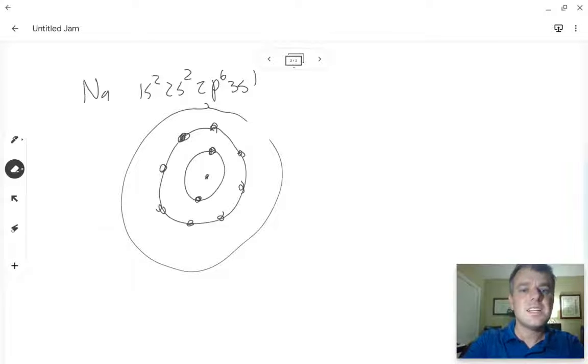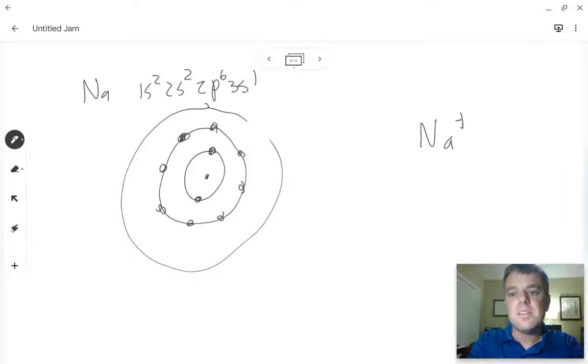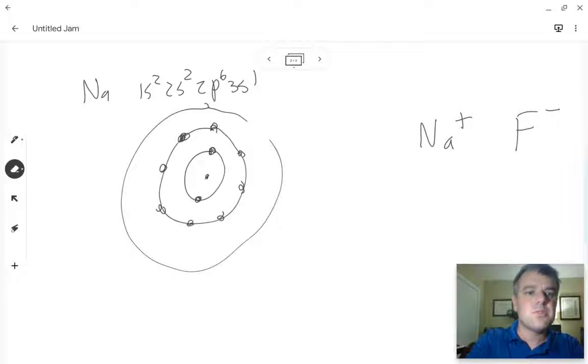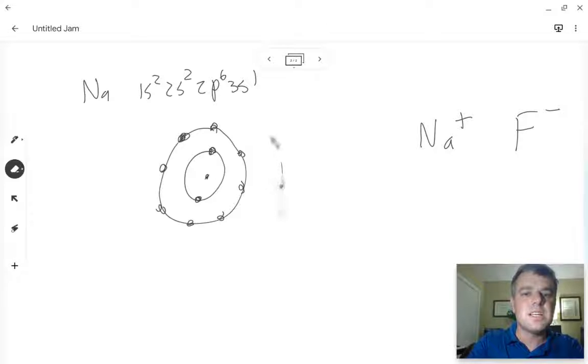And in fact, if you were asked to compare Na+ to F-, and you were asked to compare their sizes, well, if we take a look at how this would look, they're both going to have the same electron configuration. They are isoelectronic with each other.